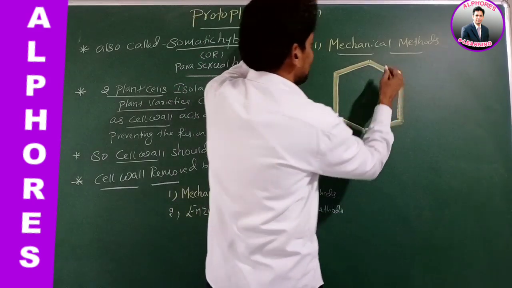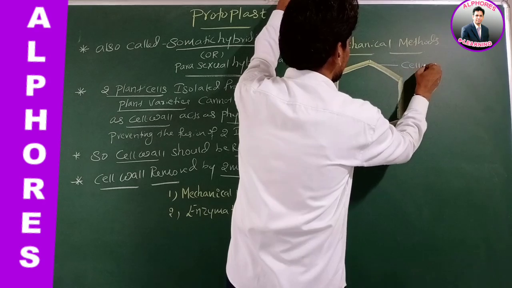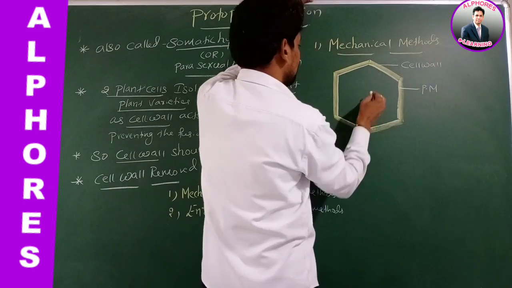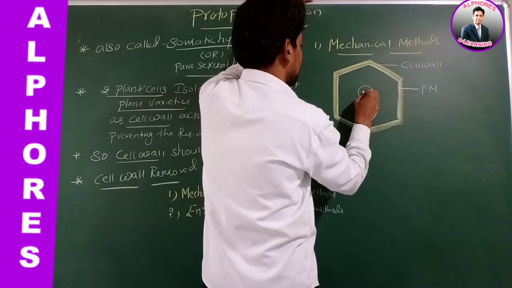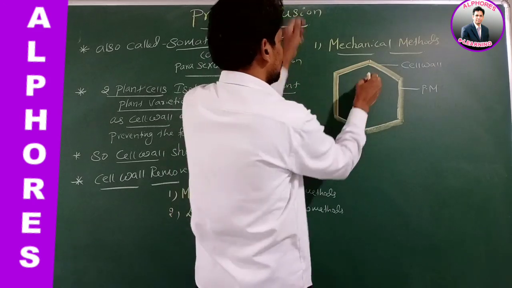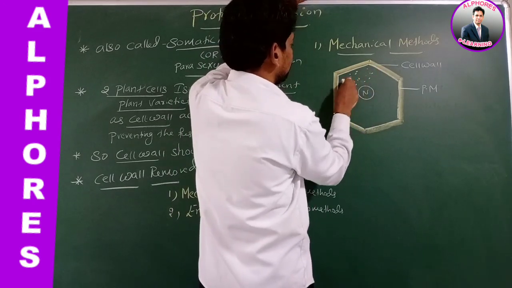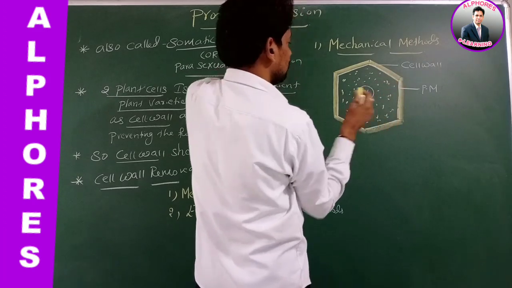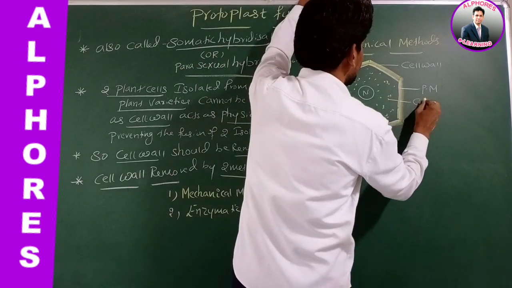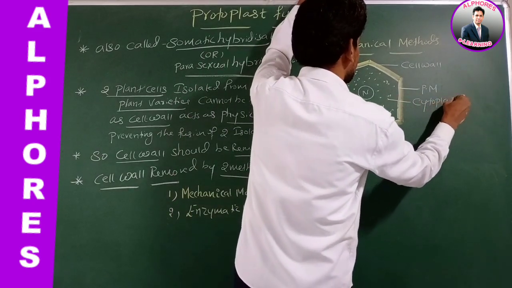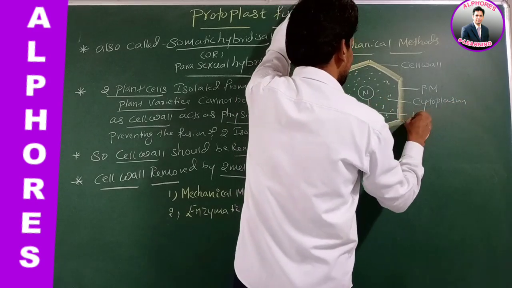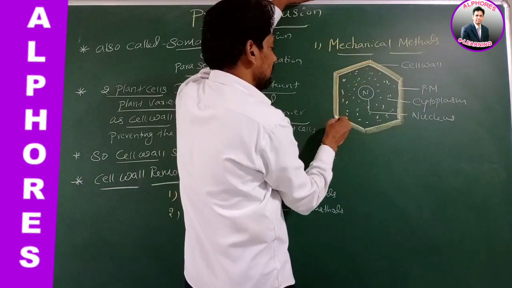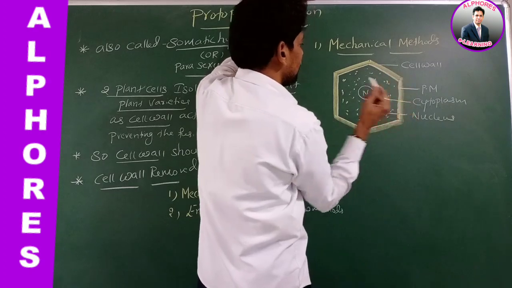This is a nucleus, and this is the cytoplasm. These dots indicate cytoplasm, this ball indicates the nucleus.